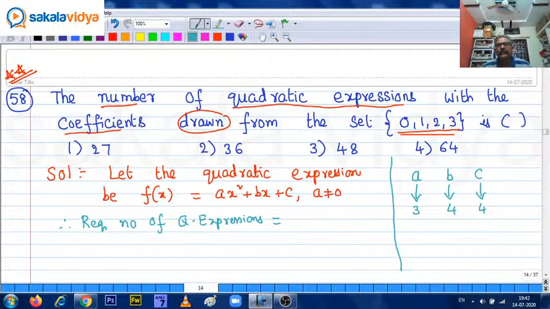With repetition, with one condition: the first place should not contain 0.